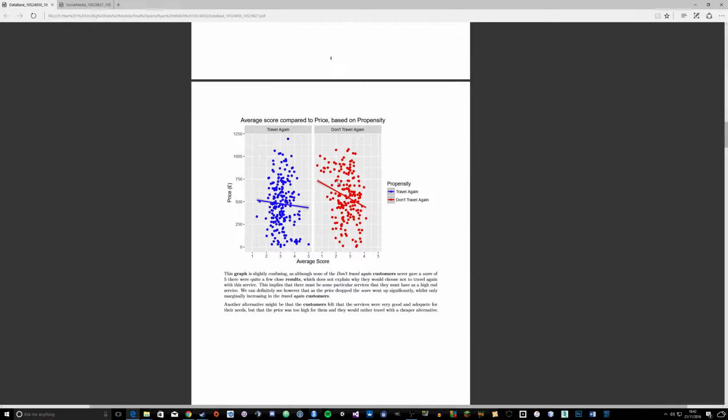Now we come to average score compared to price based on propensity. So we look at the customers' scores of their travel based on the price and split this up into whether they would or wouldn't travel again.